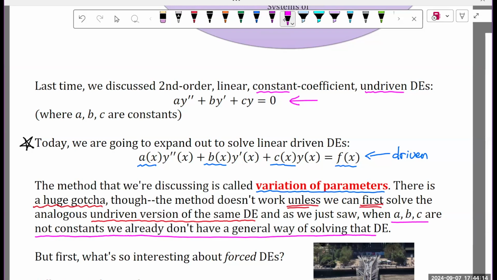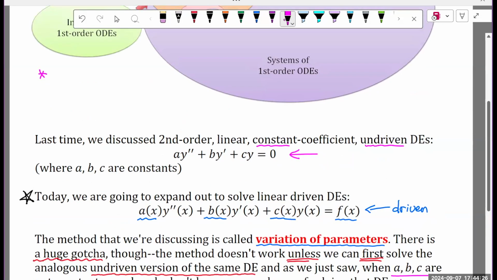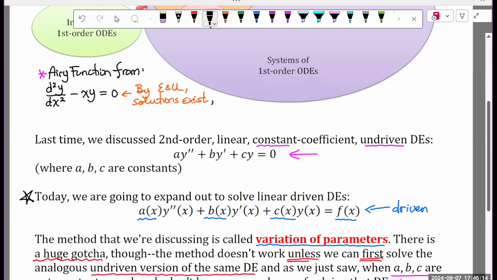So that's unfortunate. As an aside, I will just point out a famous equation called the Airy equation, and it's a second order differential equation, linear in y, and homogeneous. By existence and uniqueness theorems, we know that solutions exist, and they have a standard name.